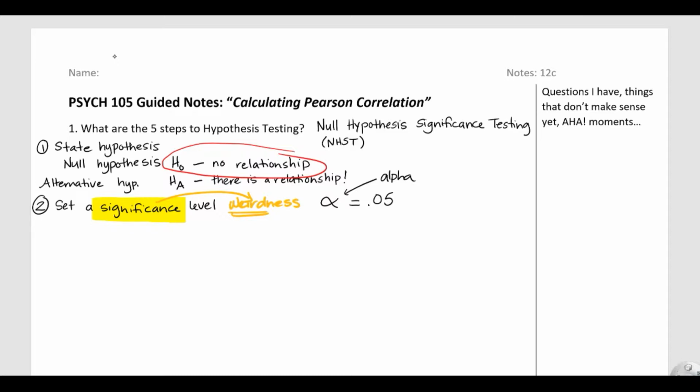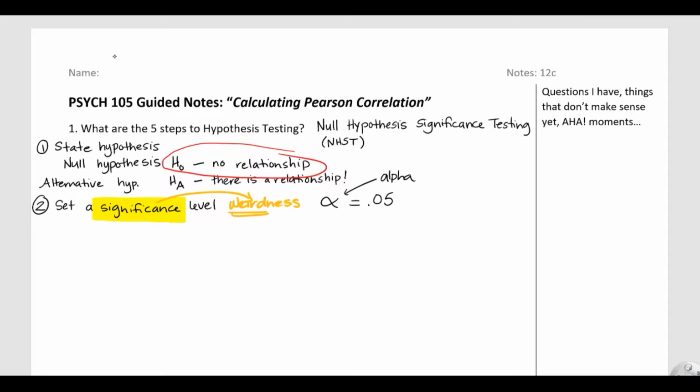But we don't want to start out assuming there's any particular kind of relationship because we wouldn't know what that would be. So we start out with no relationship because we know what no relationship would look like. It would look like a correlation of 0. So we start out by saying, okay, we assume there's no relationship in the whole population.